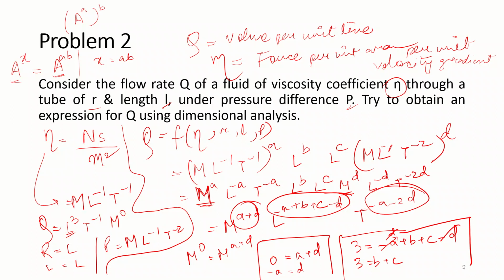So on the left hand side we have Q, in which we have M equal to 0. And then we equated on this term that a plus d should be 0.